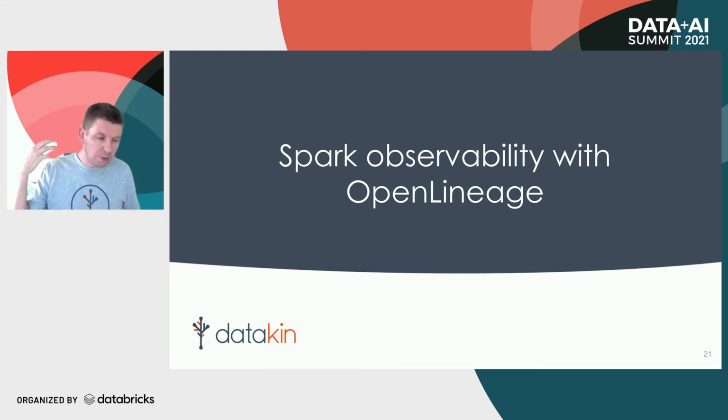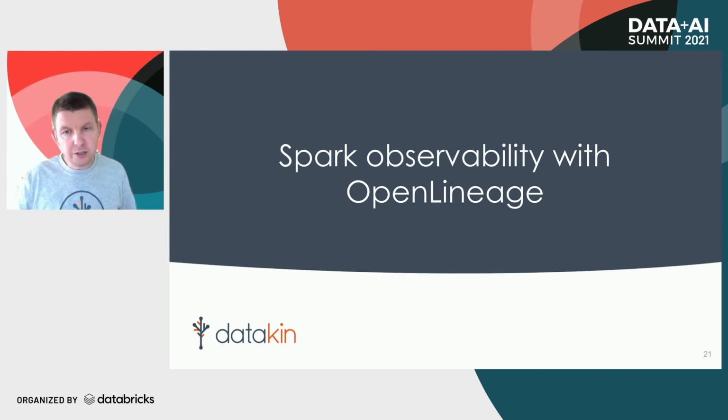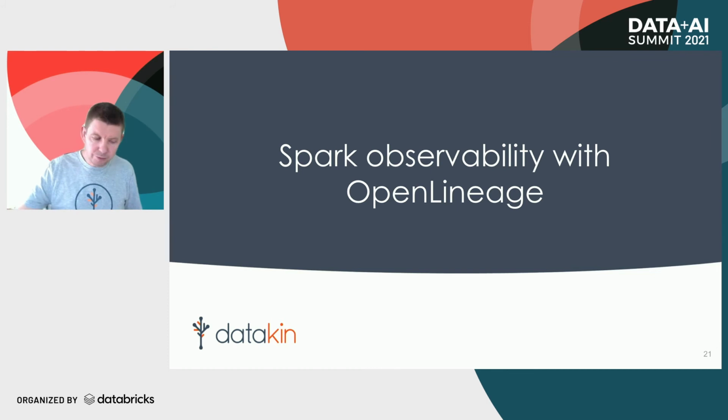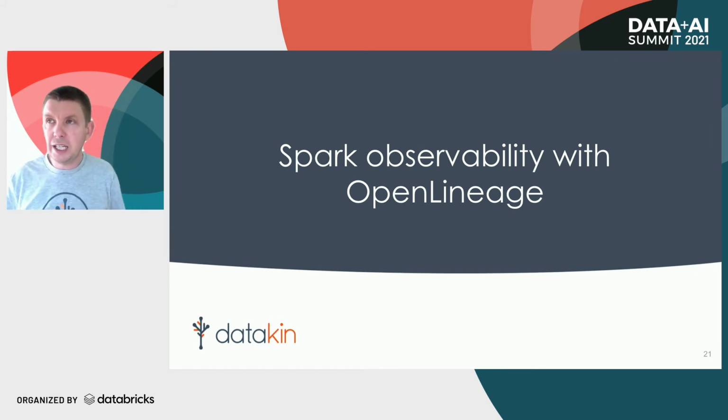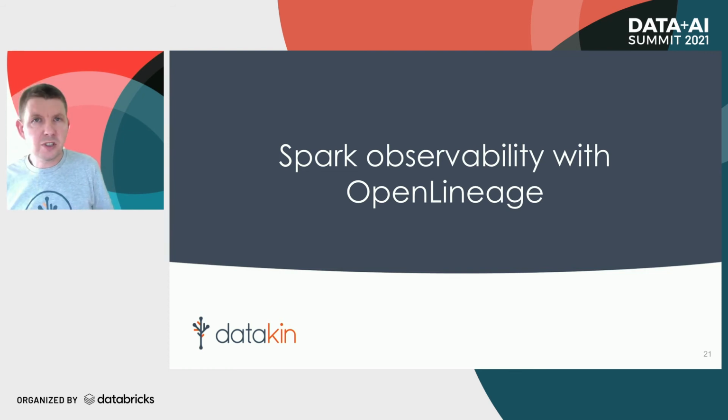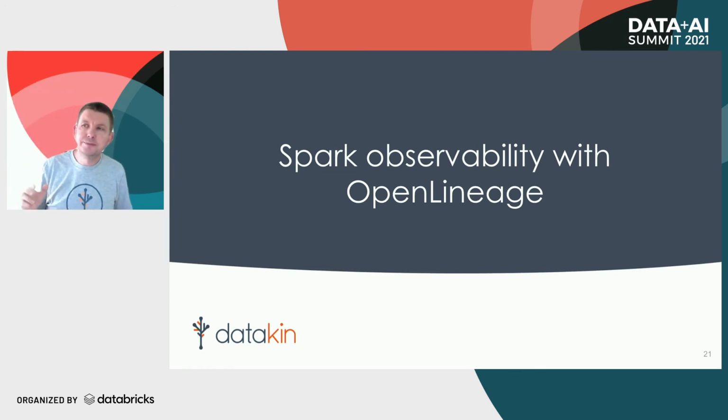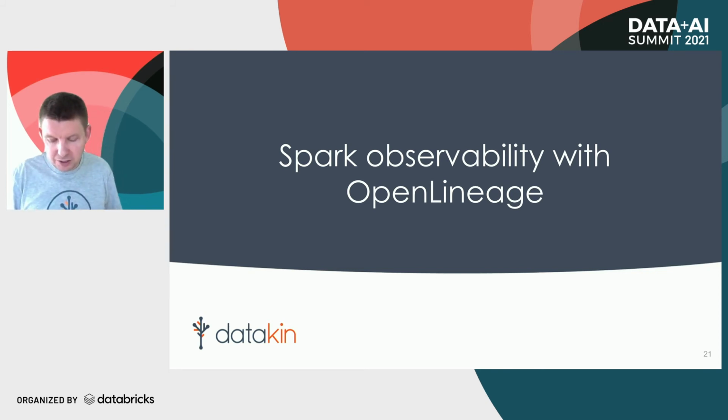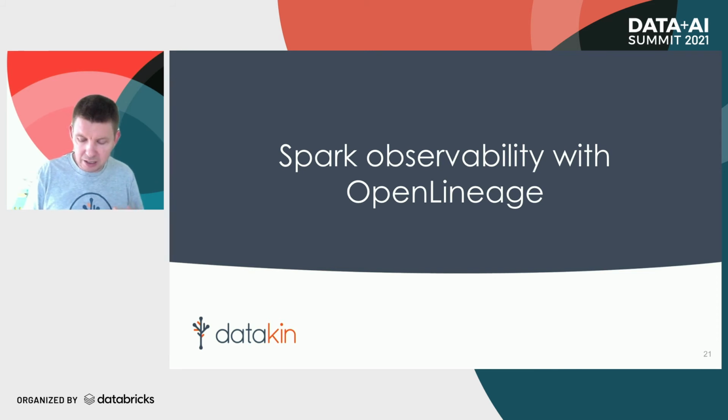OpenLineage has support today for schedulers like Airflow, for warehouses like BigQuery and Snowflake, or even Postgres databases, and Spark. There's more integrations on the way that are in progress and that people are adding. In the context of this presentation, I'll dive into the Spark integration.